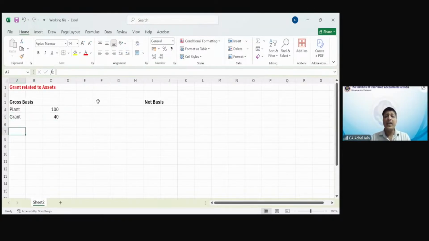Now, in case the entity is following gross basis of accounting, so what will it do? It will record the grant as a deferred income. So now, what is going to be the accounting entry on day one? Bank debit to government grant 40.